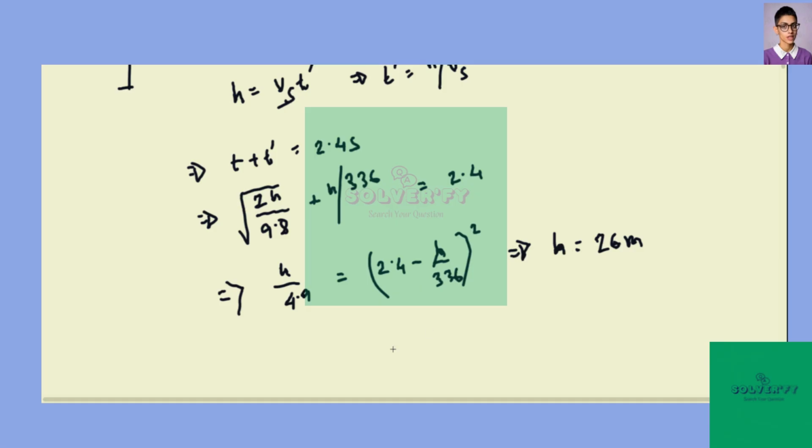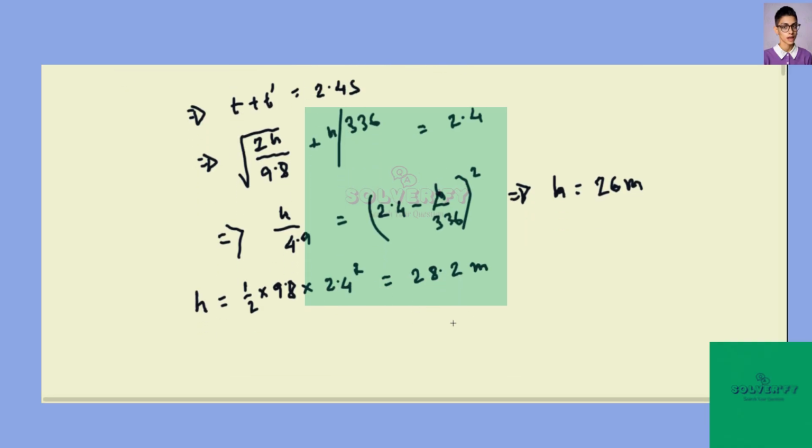If the speed of the sound is ignored, then we would have had the depth h of the well equals half times 9.8 times the entire time 2.4 seconds squared. So it would have come out to be 28.2 meters.